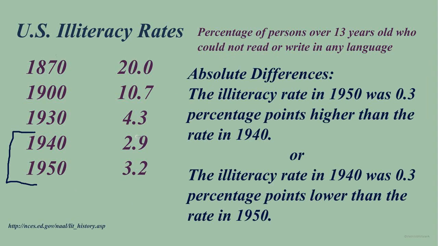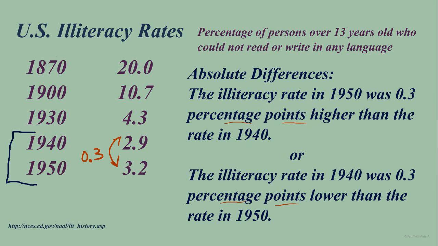Comparing the U.S. illiteracy rate in 1940 to the rate in 1950, I have these two offerings for sentences about the absolute differences. The absolute difference would be just the actual difference from subtraction right here, a difference of 0.3%. We'd have to make sure that we refer to these as percentage points to indicate that it's found by subtraction.